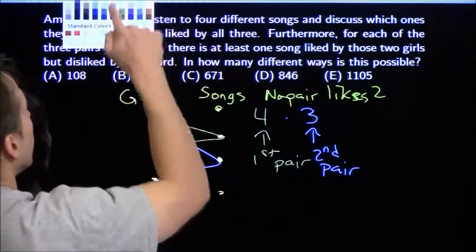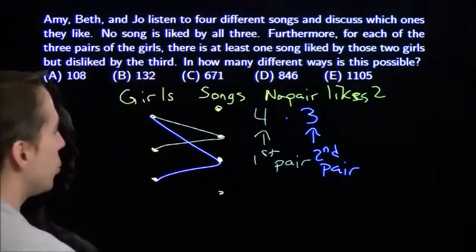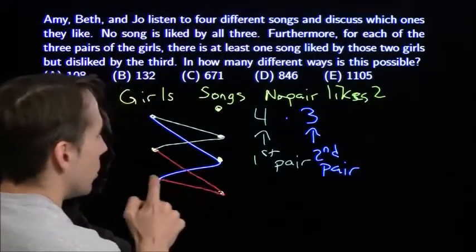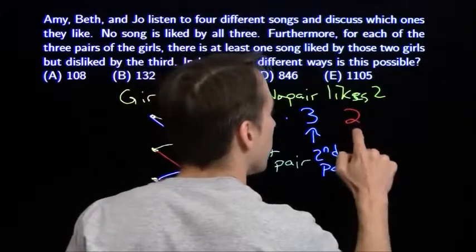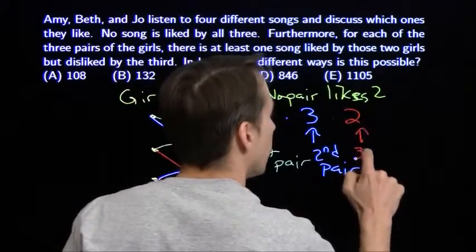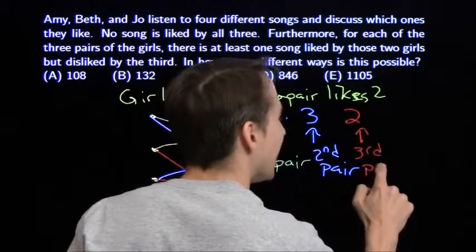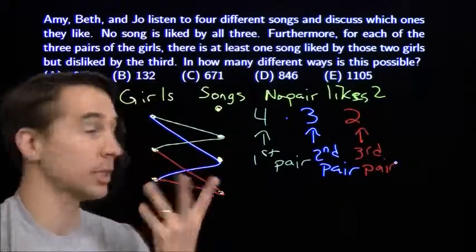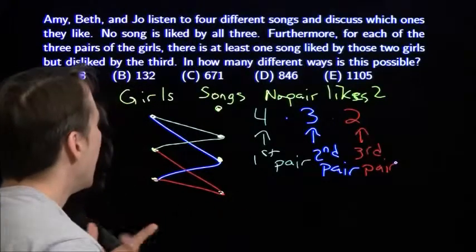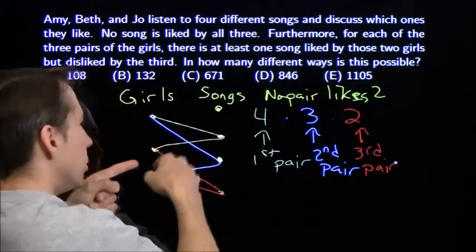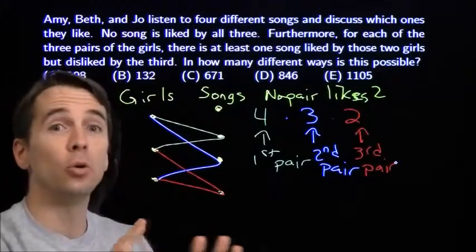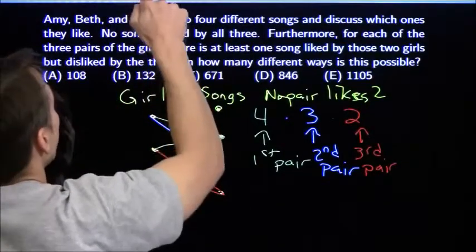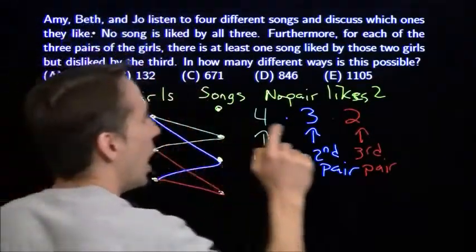And then our third pair has 2 choices. Now what's going on with that last song? We know this last song can't be liked by 2 girls, can't be liked by all 3 girls either. It can be liked by just 1 girl, or it can be liked by no girls at all. So our final song has 4 options.